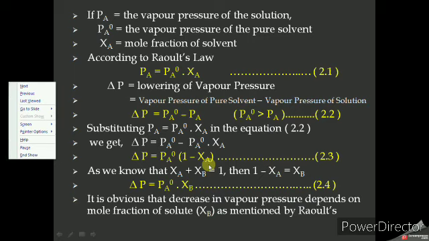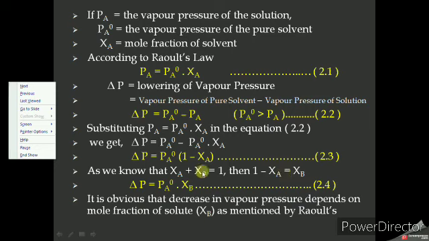So we know that the sum of the mole fractions of the components present in a solution is always equal to 1. In the solution there is a solvent and a solute. So the mole fraction of the solvent Xa and that of the solute Xb always add up to 1. So Xa plus Xb is equal to 1. Then how will you write the value of Xb? 1 minus Xa is equal to Xb.